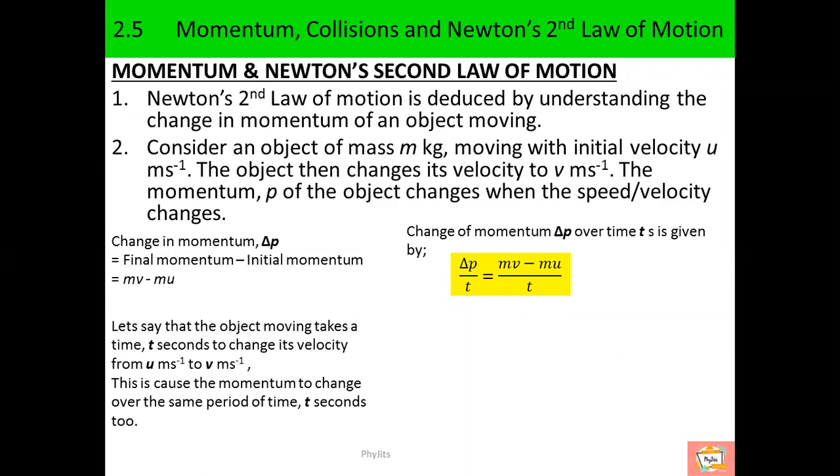It depends on how fast you change your momentum. Say how fast you are moving, then you press your brake. If your car is moving at 100 kilometers per hour and you press your brake slowly, you won't experience any difference. It's like you are just slowing down.